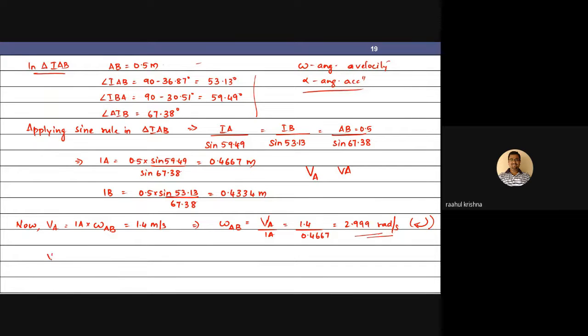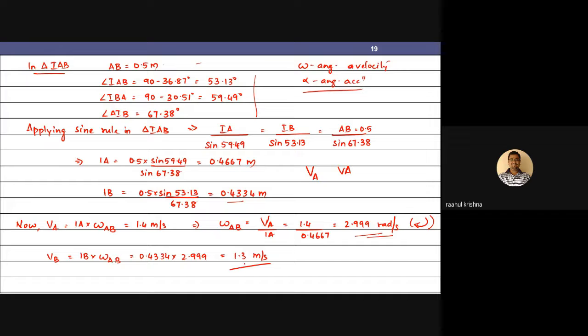Now I am supposed to find the velocity at the end B. So VB equals IB into omega AB. The length IB we have found is 0.4334, multiplied by 2.999 radians per second. So this will be about 1.3 meters per second.